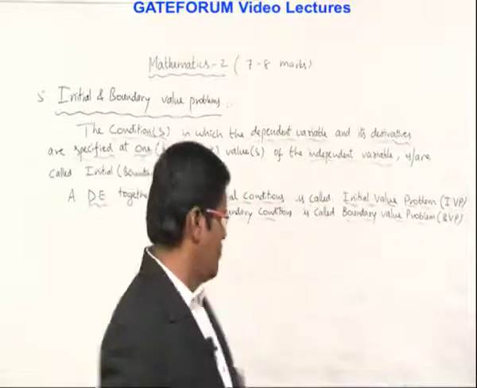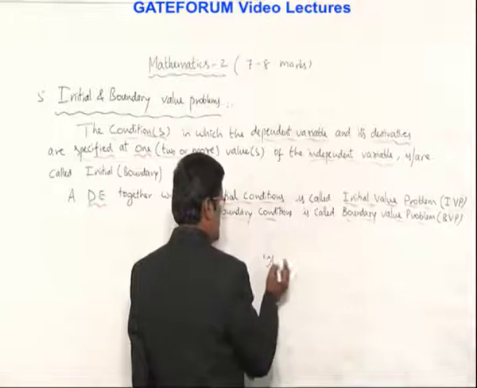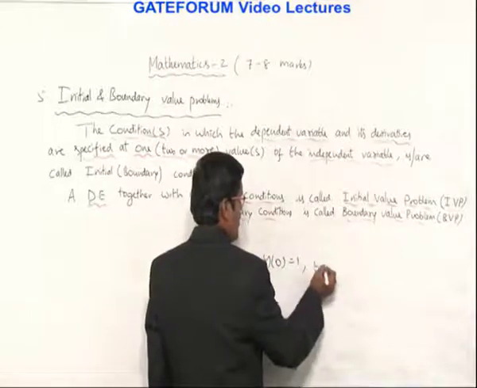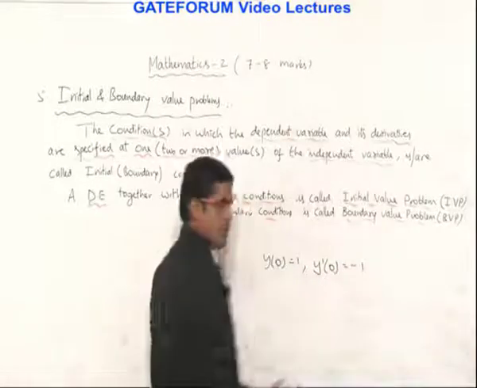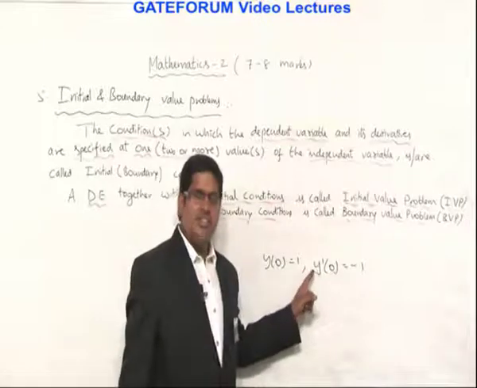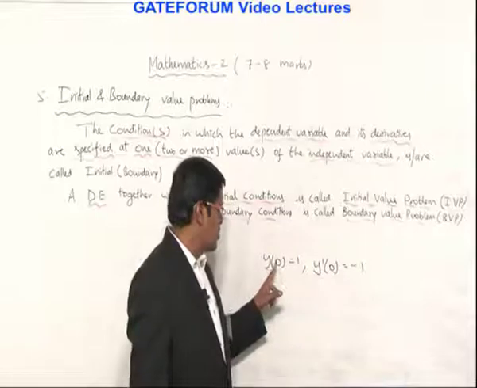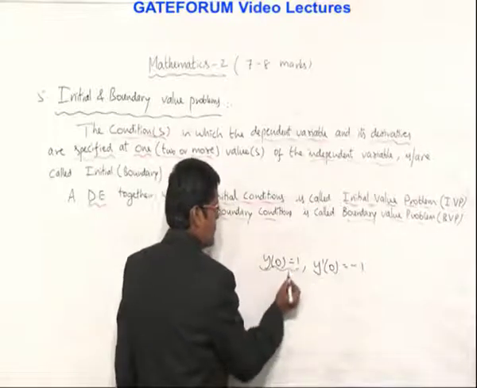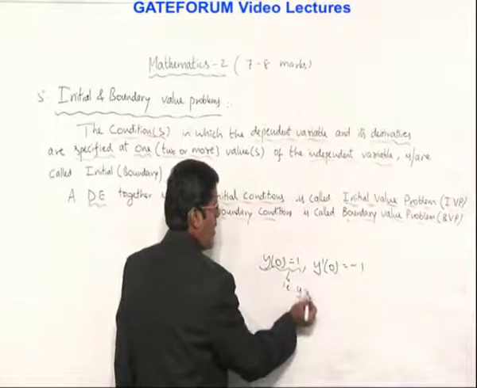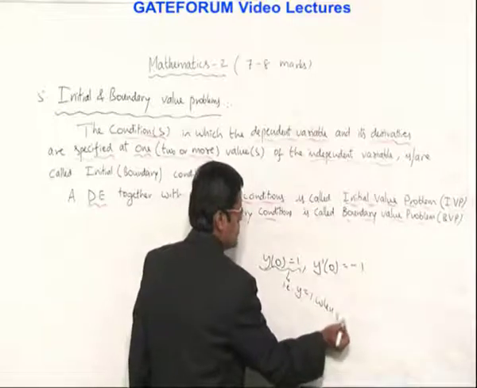See, simple. y of 0 is equal to 1, y dash 0 is equal to minus 1. What is y dash? It is the first derivative of y with respect to the independent variable, say x. So what is the meaning of this? That is, y value 1 when x value 0.